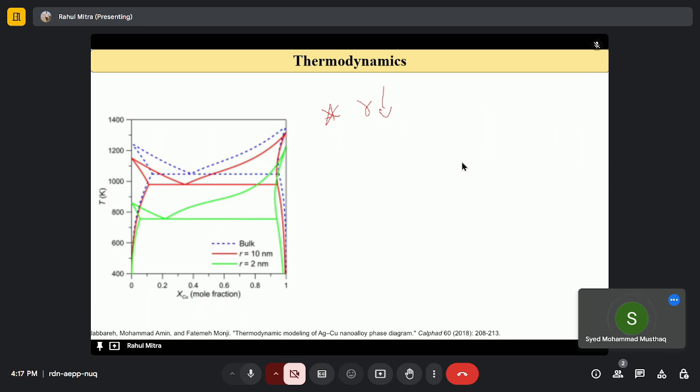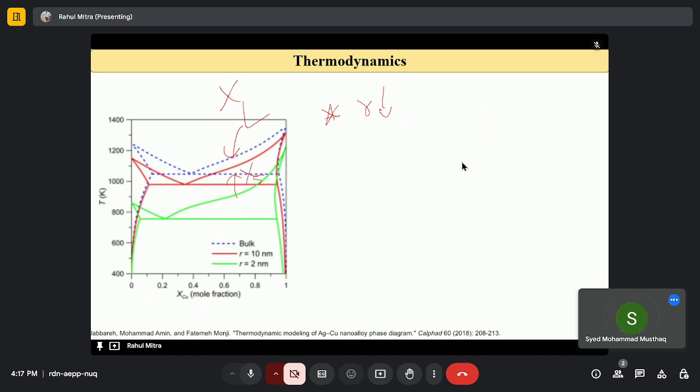A blue dotted line represents the bulk phase diagram. So this is our liquidus temperature and this is our solidus temperature, XL, XS. So how these equilibrium temperatures are going to change with respect to the size of the nanoparticle. Let's see how they're going to change.